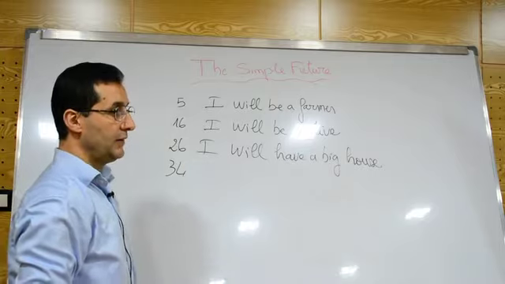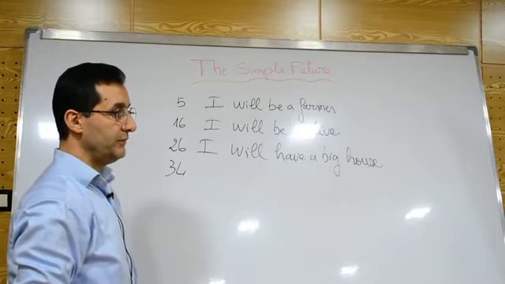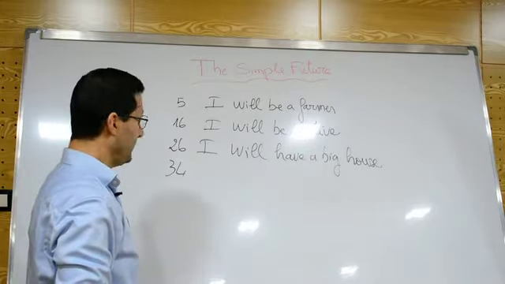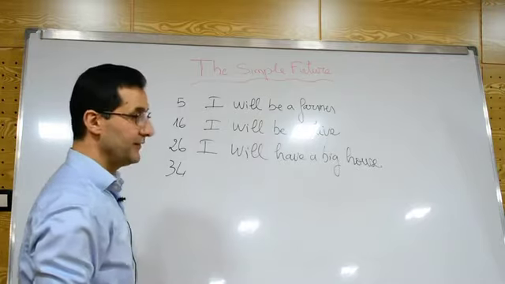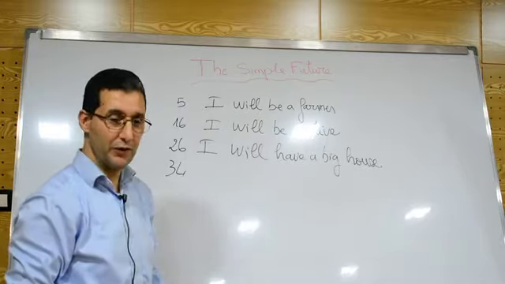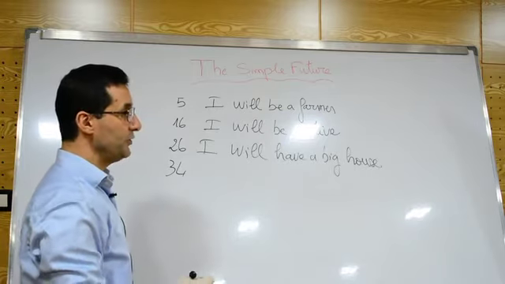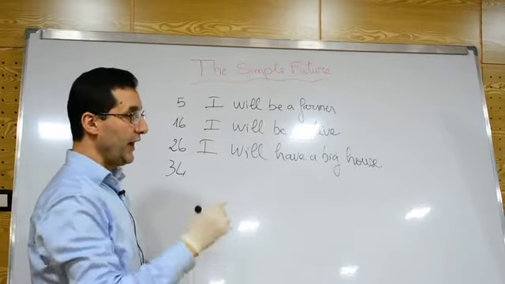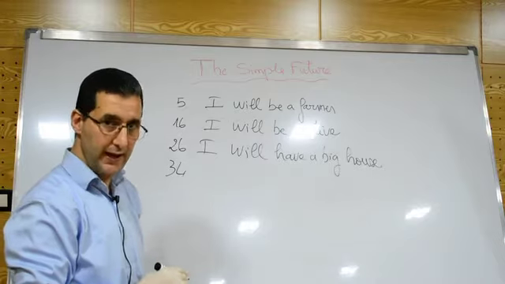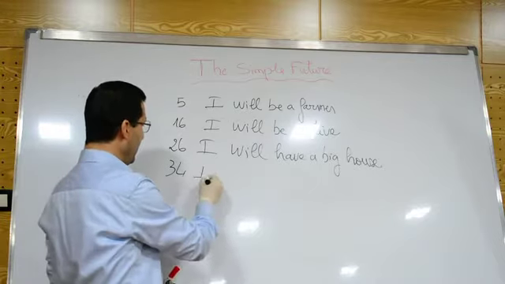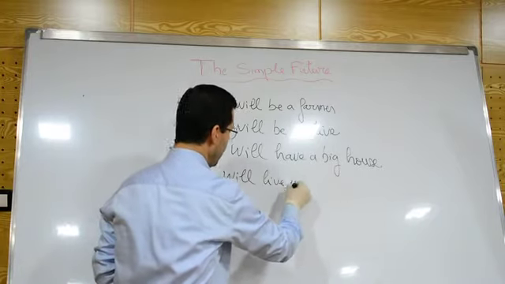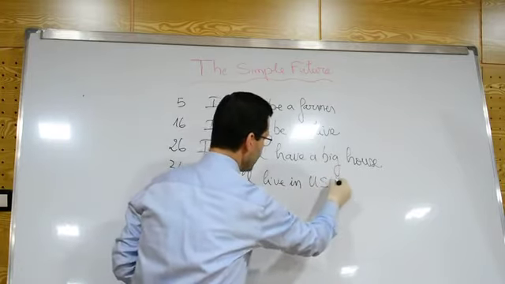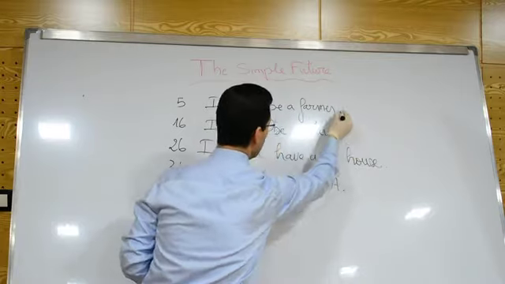Then the fourth column is going to be number 34. Number 34 is going to be live, and you have slash USA. The sentence is going to be, I will live in USA, full stop.